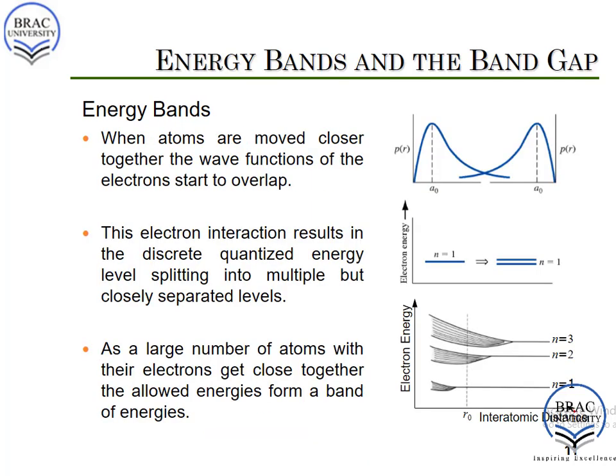As we have seen in the last slide, in the case of an isolated atom, we have discrete energy levels, but that is not the case when atoms interact with each other. Let's consider a hydrogen atom. It has only a single electron in the 1s orbital. The graph here denotes the radial probability distribution of the 1s orbital of a hydrogen atom. Let's first not talk about this one here.